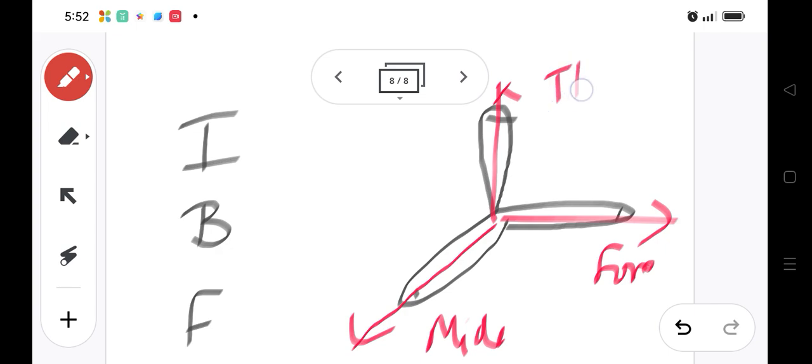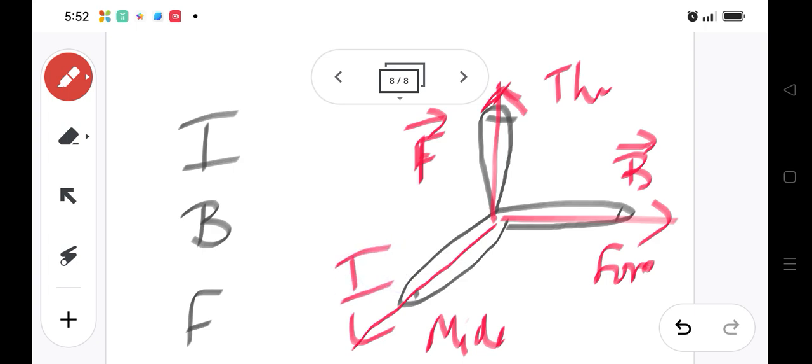The direction of the forefinger represents the direction of the magnetic field, and the direction of the thumb represents the direction of the force that we are applying, the mechanical energy that we are providing. The force is provided in this direction, then the current gets induced in this direction. So they are mutually perpendicular.